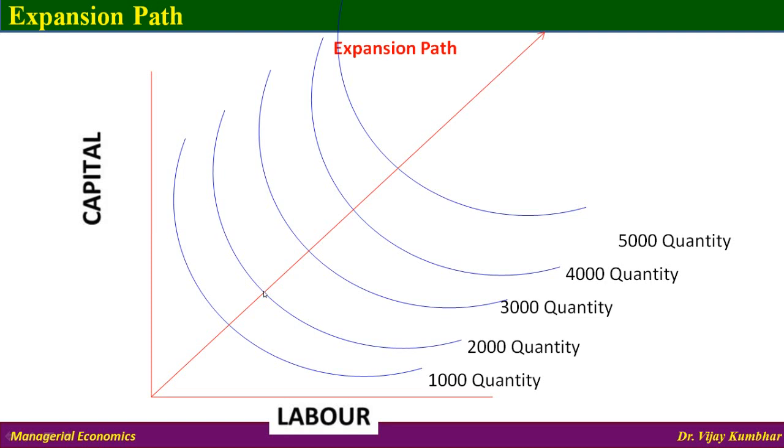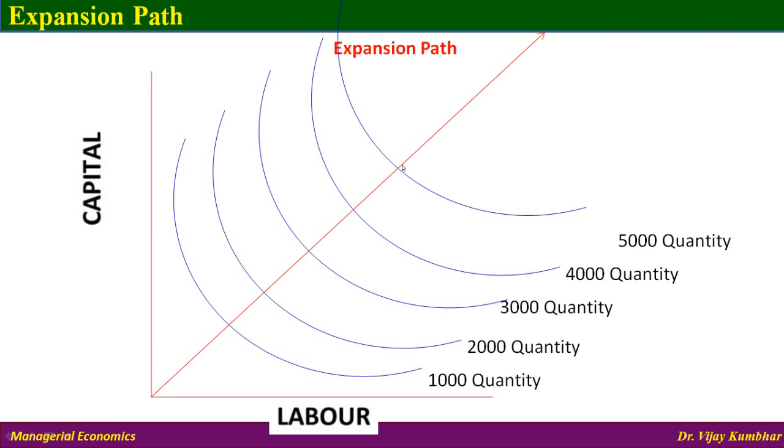In such a way, we can identify the different optimum combinations of labor and capital with the help of this isoquant map and the expansion path. If you see, this is the first point, this is the second, third, fourth, and fifth.